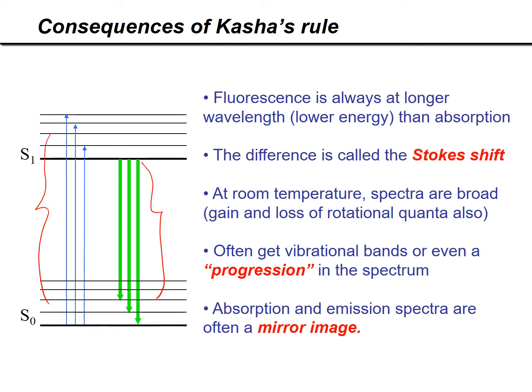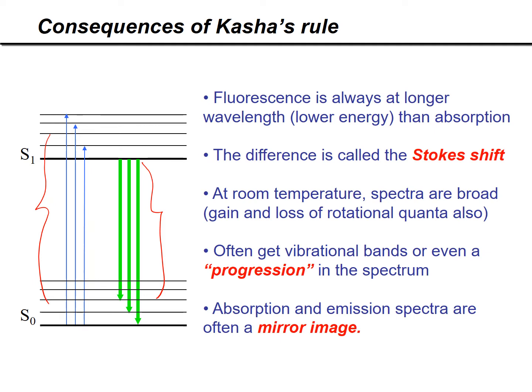Another consequence of Kasha's rule is at room temperature, spectra are broad because you can have this loss and gain of vibrational quanta as well as rotational quanta. So you don't get thin spectral lines, you get broad spectral bands. And you can sometimes see these vibrational bands.